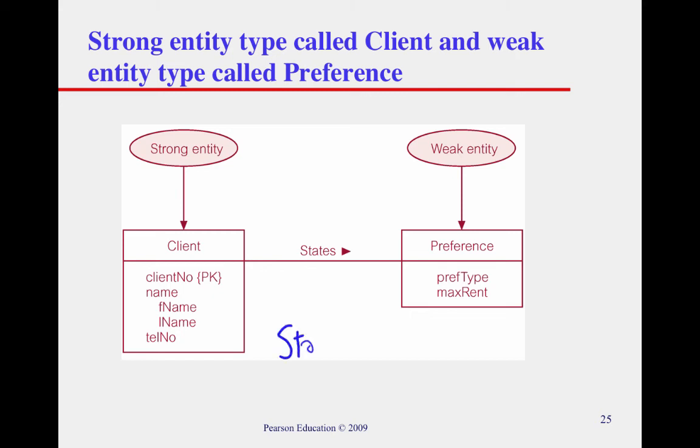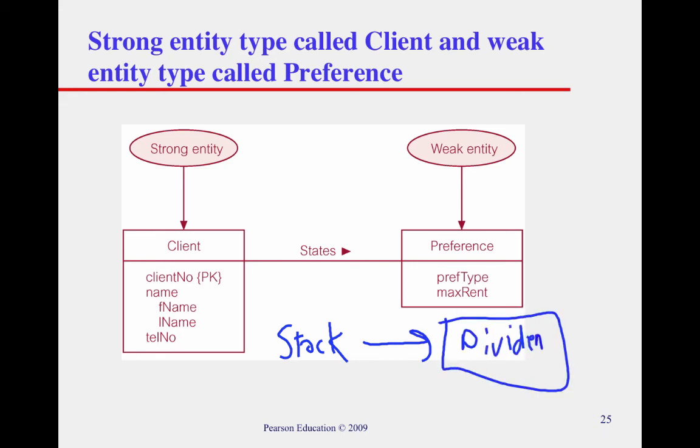And it's going to be stock. And over here, it's going to be dividend. And again, a lot of you will want to say has. How about pays? Stock pays dividend. So I is actually setting up, turns out, a weak entity called dividend.